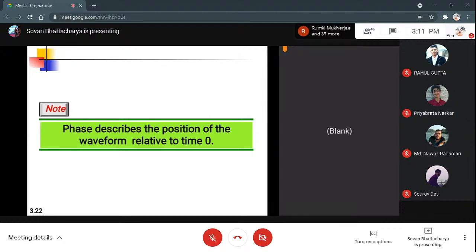And phase describes the position of the wave relative to time 0. I have already explained that previously.